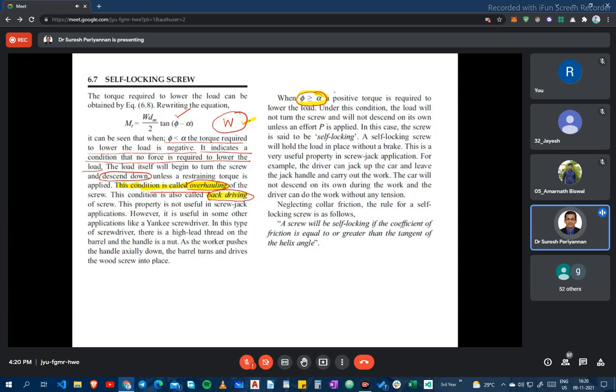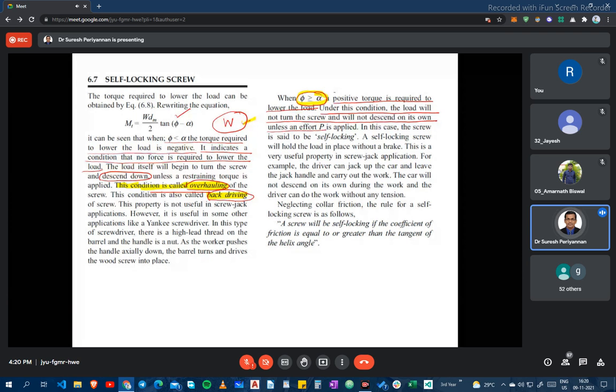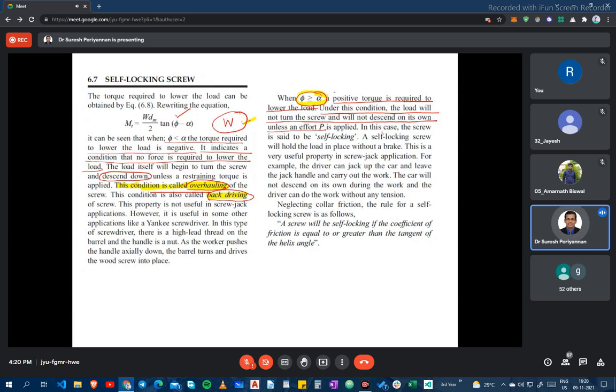Now, in this case, positive torque is required to lower the load. Under this condition, the load will not turn the screw and will not descend on its own, unless effort P is applied on the handle. In this case, the screw is said to be self-locking. This is a very important property.